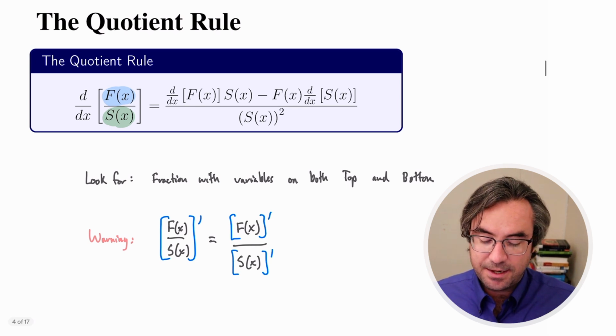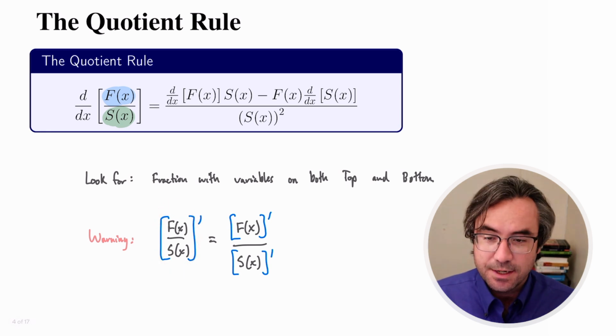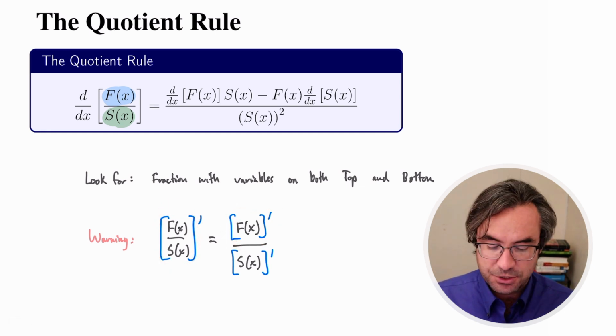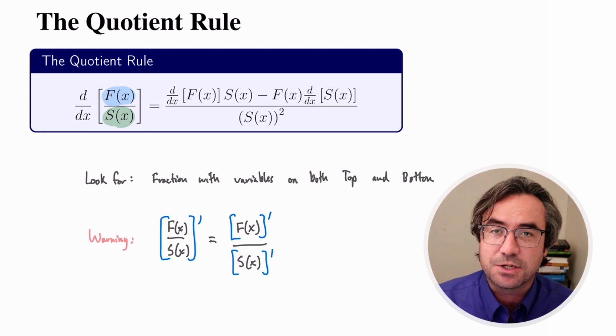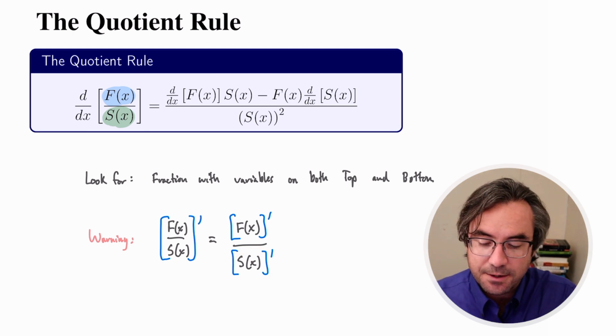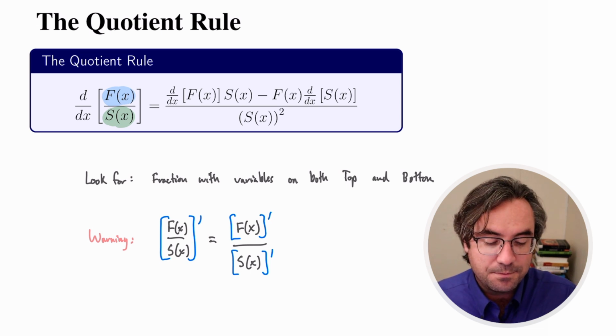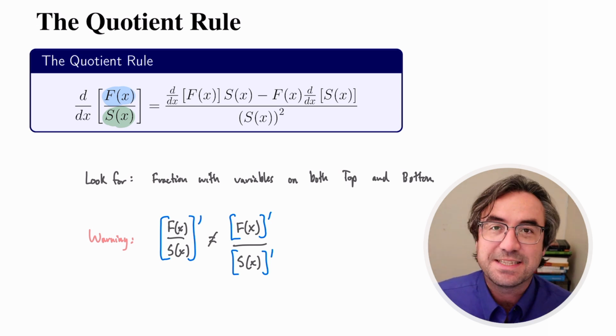And we'll just say the derivative of that whole fraction is just the derivative of the top function divided by the derivative of the bottom function. Very reasonable thing to think, but just like product rule, unfortunately that's incorrect.